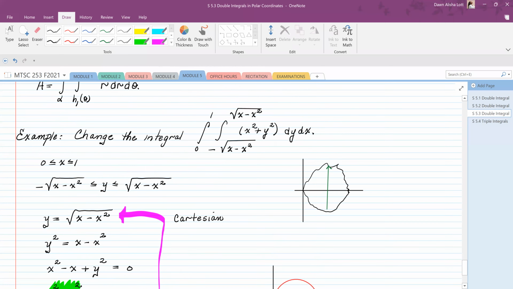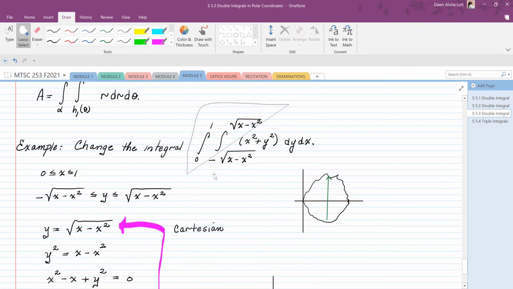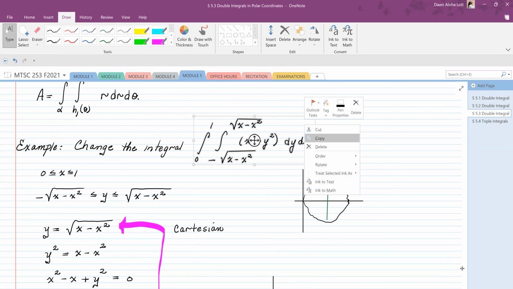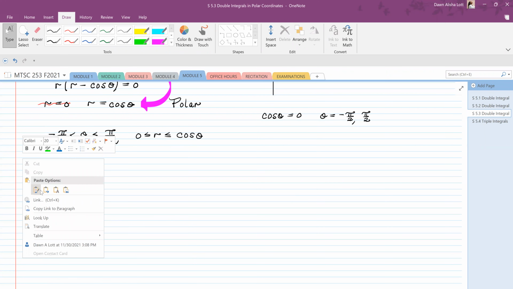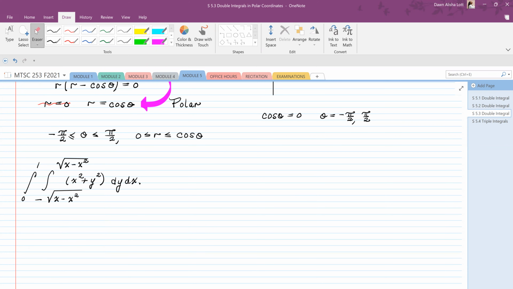So therefore, that old integral becomes the integral where theta goes between minus pi over 2 and pi over 2, and then r goes between 0 and cosine theta.